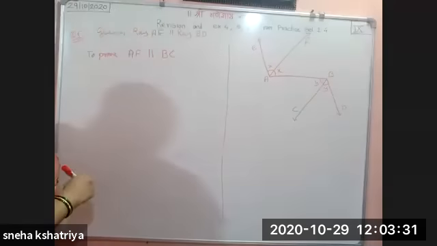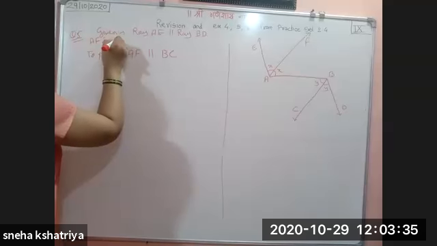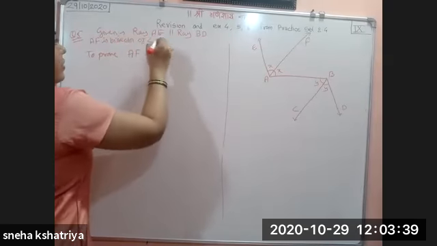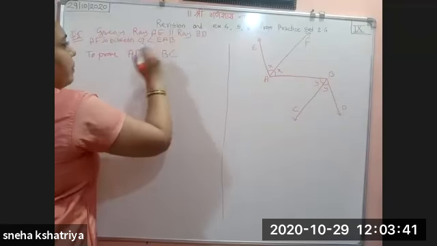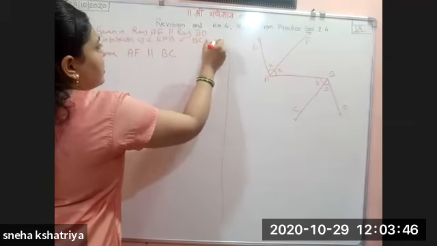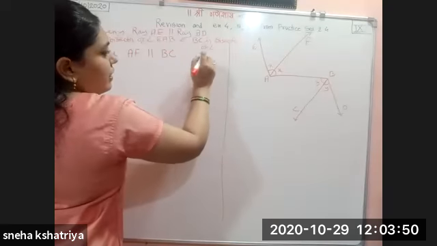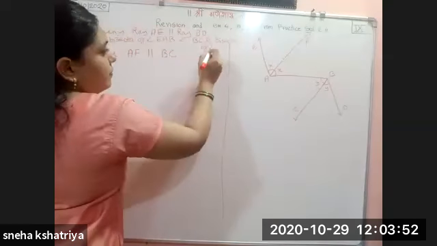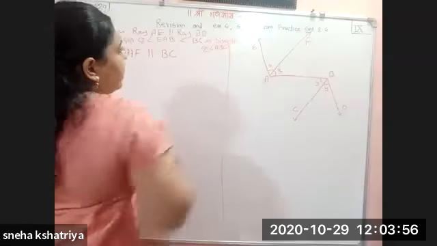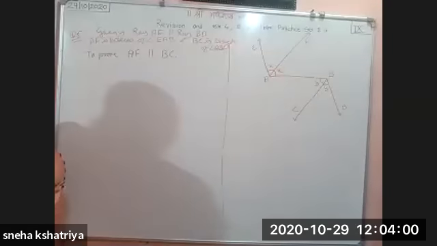AF is the bisector of angle EAB and BC is the bisector of angle ABD. This is given to us. We have to prove AF is parallel to BC.